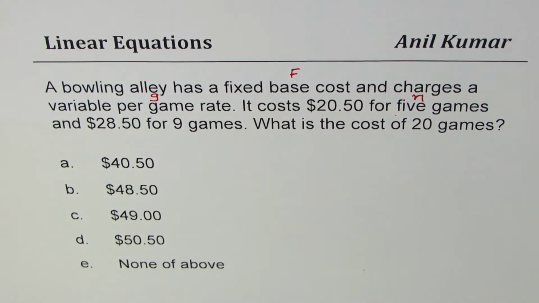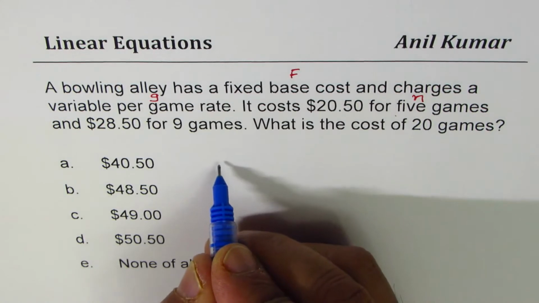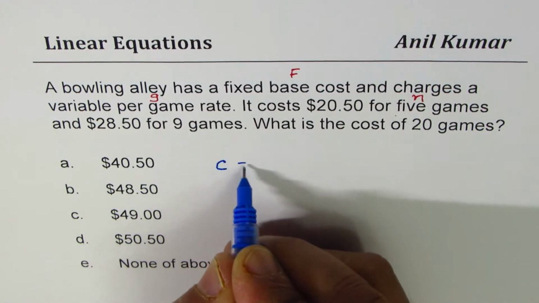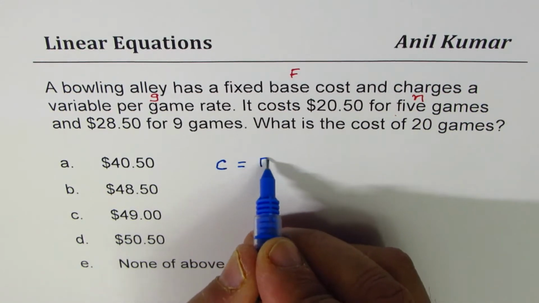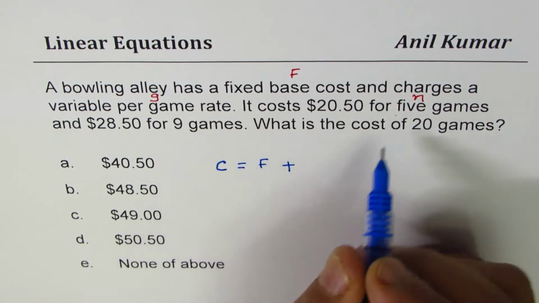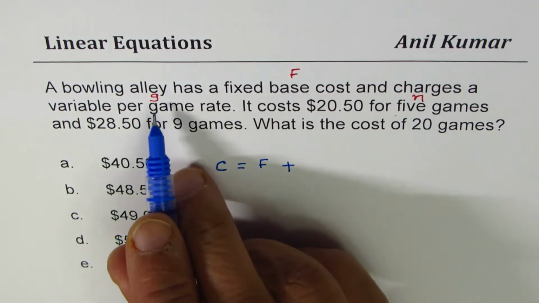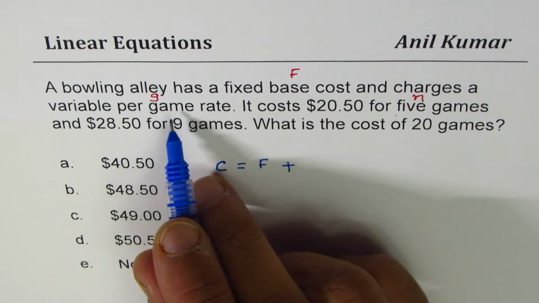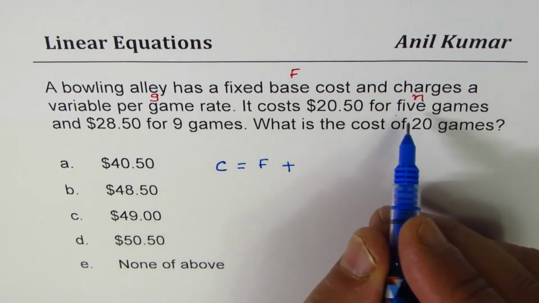So the variables which we have defined to break up the cost are like this. Cost equals a fixed cost, which is f, plus number of games times g, where g is the games rate.